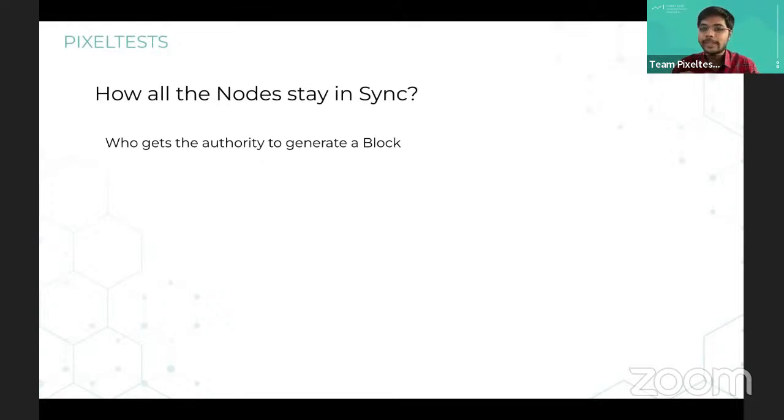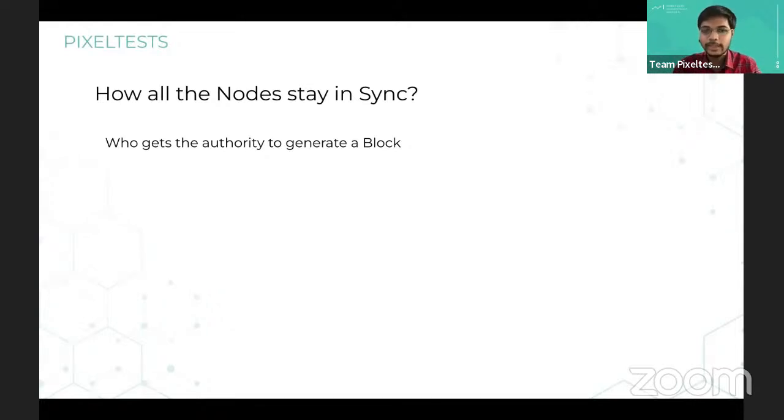Many miners are trying to do this, so how will we know who the winner is? How do we say that this particular miner has won and has the authority to generate this block and get the transaction fee pertaining to that block? Because multiple people are trying, there has to be some system.